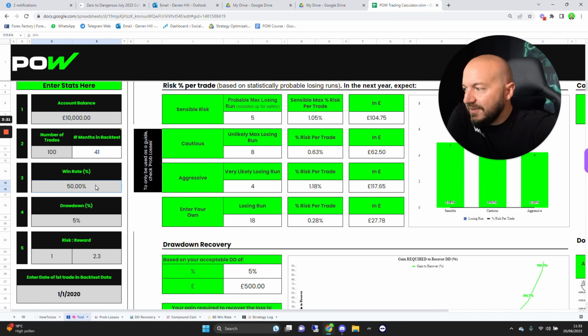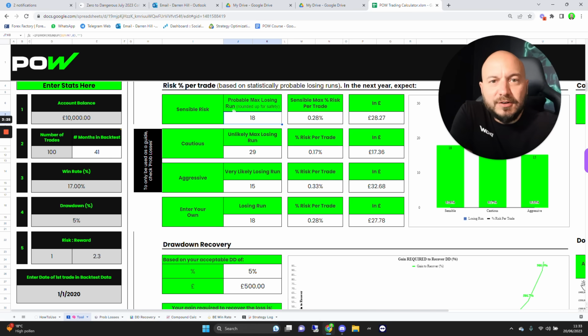However, if we plug this in from a probability perspective, there's a probable losing run of 18. How many times have you played snakes and ladders and never got a 6? Or sometimes you get a few 6s on the bounce, yeah? But you have to plan for those losing runs. So a probable max losing run would be 18, but one day you might get 29, yeah?